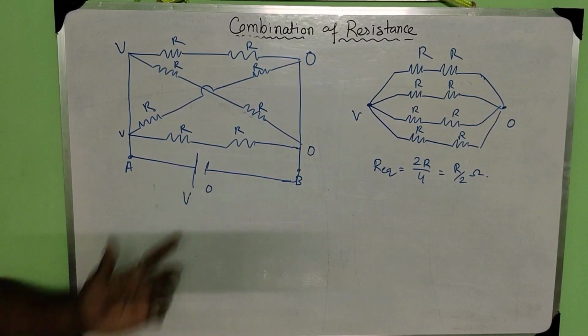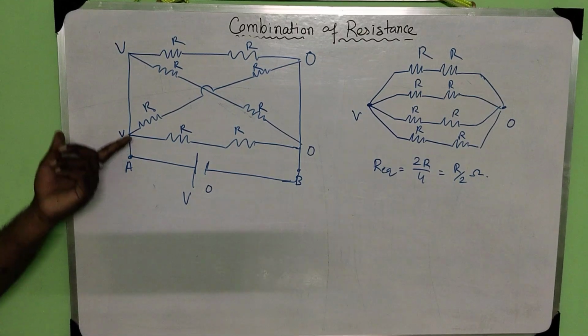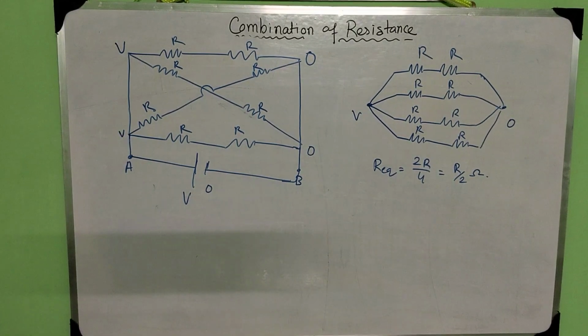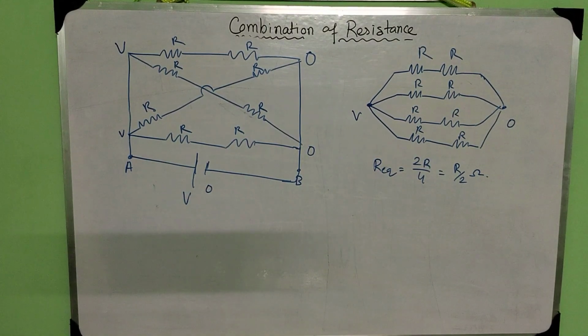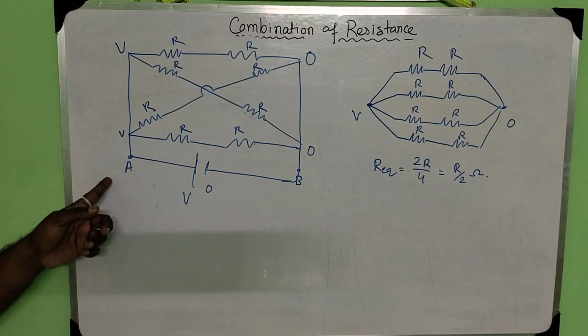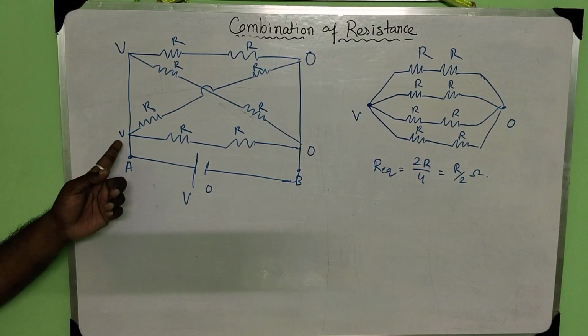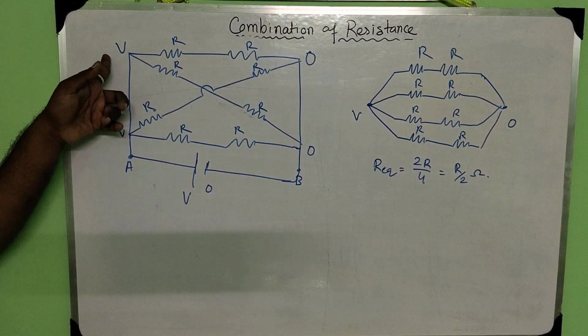So this is the beauty of the potential method. Just see, in which branch there is no circuit element, no resistance, no capacitor, no inductor, then there will be no energy loss or energy gain. In case of an inductor, there will be energy gain. So there is no energy loss and no energy gain, therefore the potential will be the same. If here there is V potential, here also V potential.